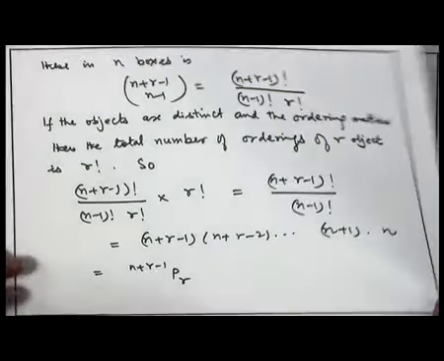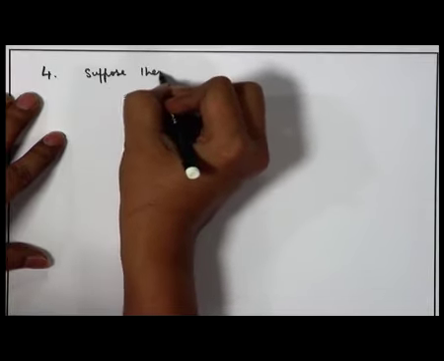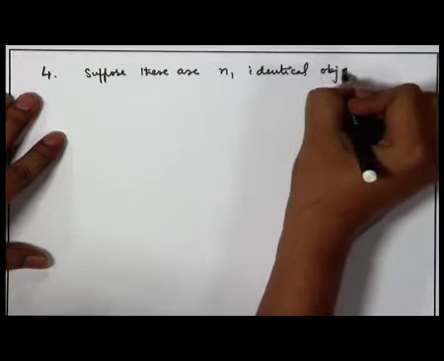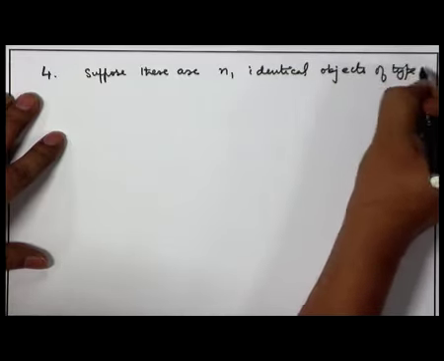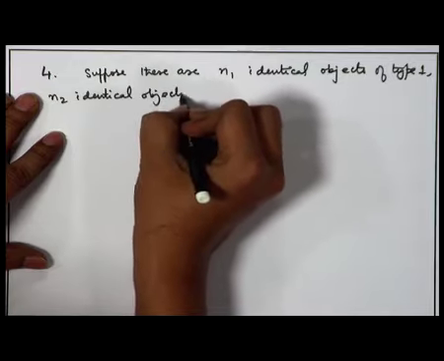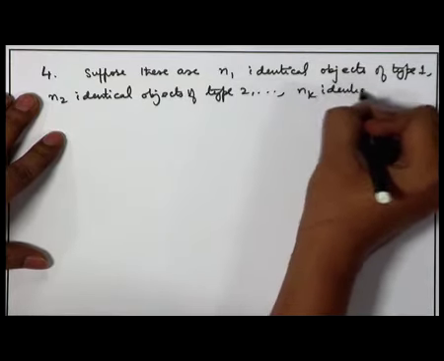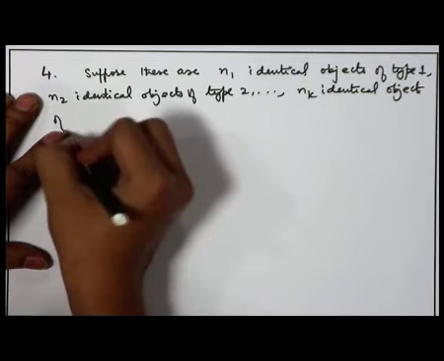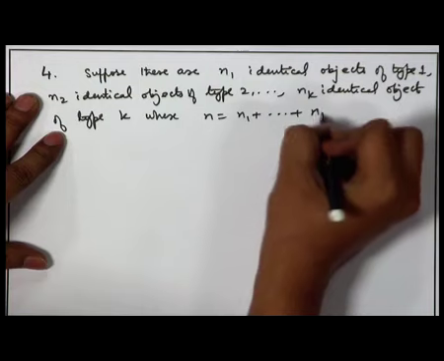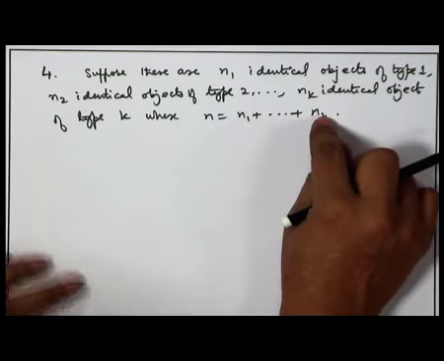Let me take up another occupancy problem. Suppose there are n1 identical objects of type 1, n2 identical objects of type 2 and so on, nk identical objects of type k, where n is n1 plus n2 plus up to nk, that is the total number of objects is n, out of which n1 are identical, n2 are identical and so on, they are all of different types.